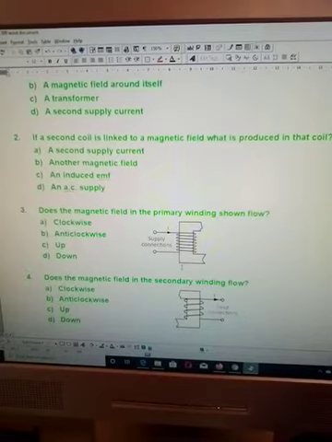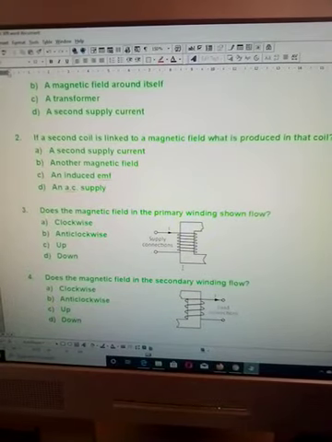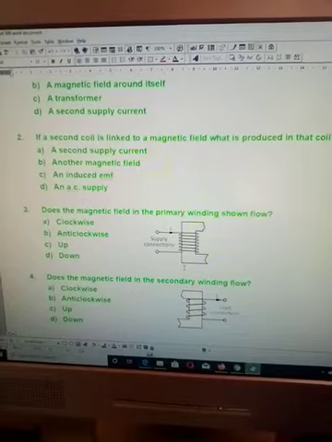Now, does the magnetic field in the primary winding shown flow clockwise or anti-clockwise?